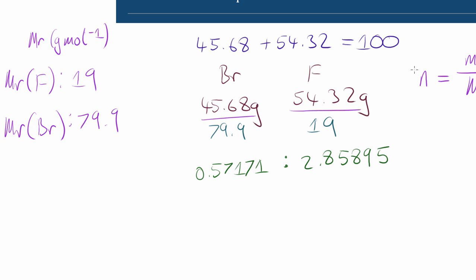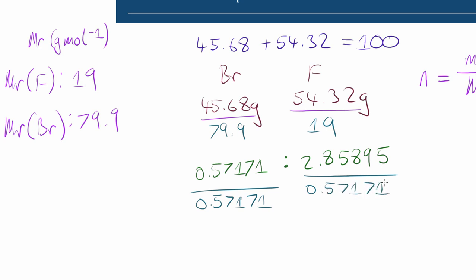So how can we force at least one of these to be an integer? The way we can do that is by dividing both values by the smallest value, and that's what I'm going to do. The molar value associated with bromine is the smaller value, so I'm going to divide both by that. So divide this by 0.57171, which of course would give us 1, and divide this by 0.57171, and you can have a go working out on your calculator what this is going to be.